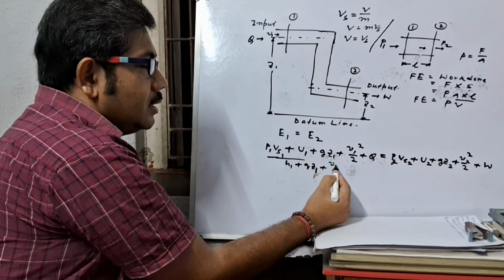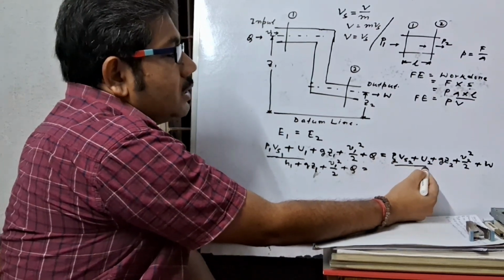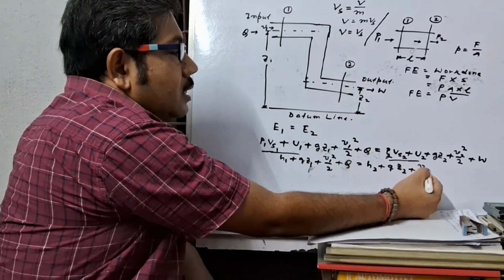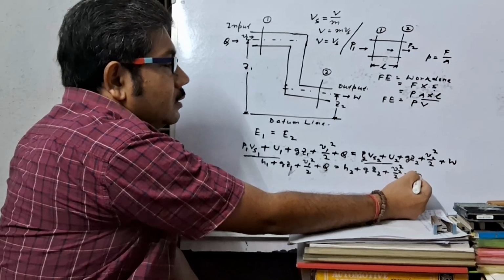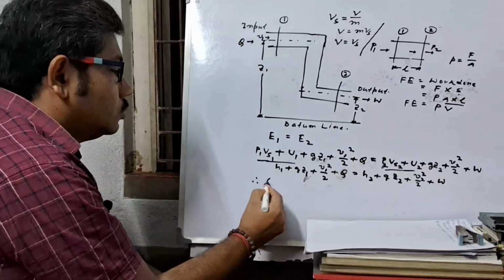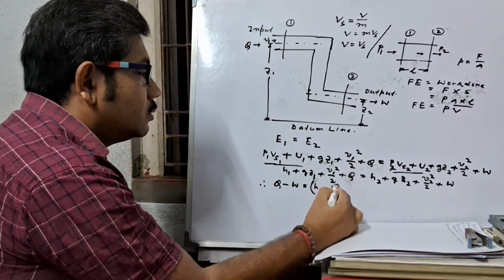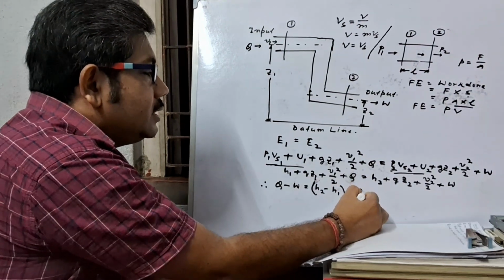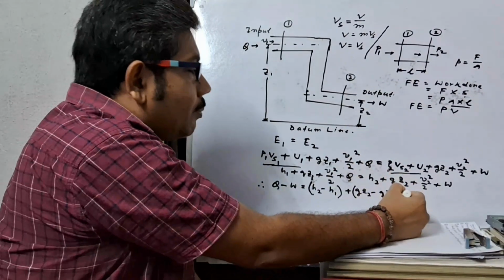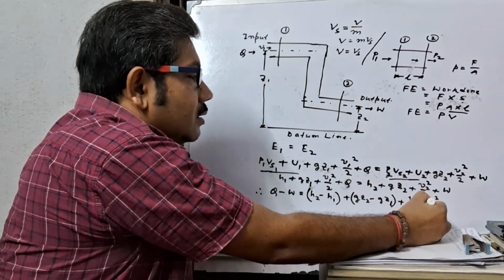GZ1 plus V1 square by 2 plus Q, this is equal to P2 VS2 plus U2, this is H2 plus GZ2 plus V2 square by 2 plus W. Okay, now Q minus W is equal to H2 minus H1, plus GZ2 minus GZ1, plus V2 square by 2 minus V1 square by 2.